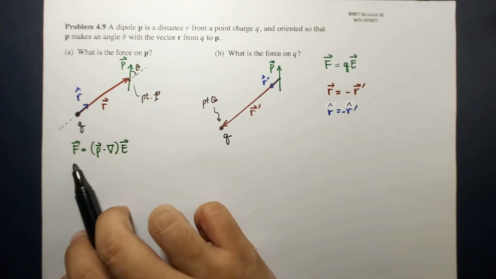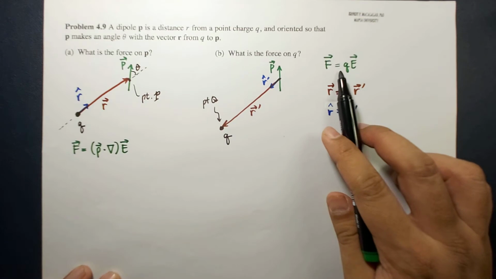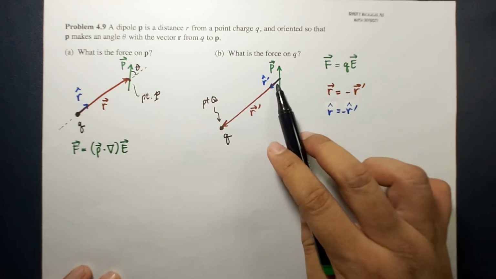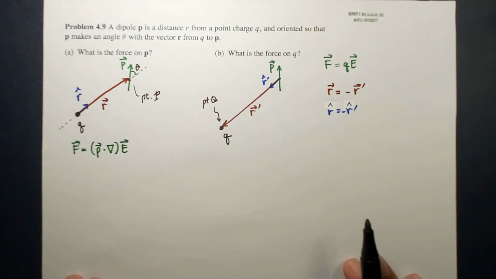This is the force on a dipole, while the other is the force on your charge. Let's focus first on letter A.